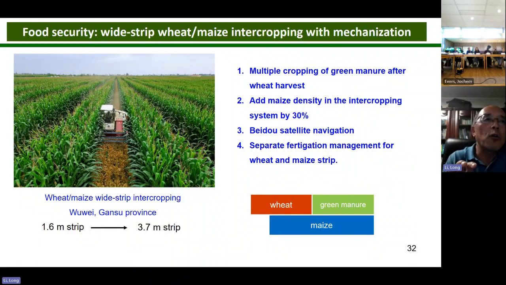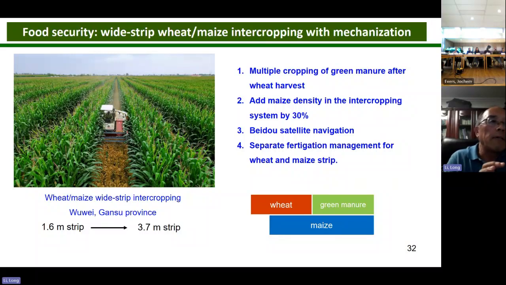wheat-maize intercropping. When I started extending intercropping in the 1980s and 1990s, in 1987, we just extended wheat-maize intercropping. That is a narrow strip intercropping: 6 rows of wheat, 2 rows of maize, with a land equivalent ratio of about 1.3 to 1.4.